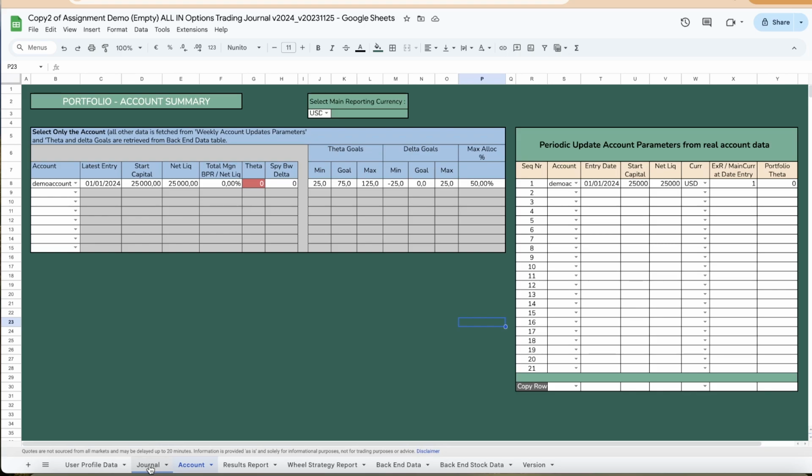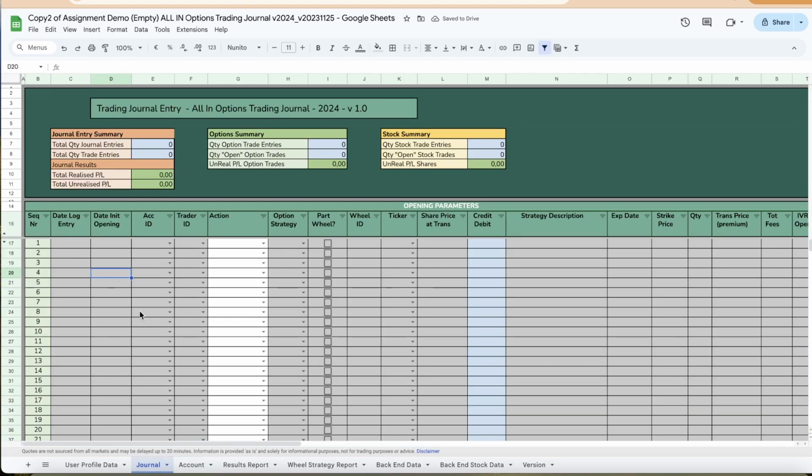So we'll go to the journal tab. I can start entering trades into the journal. Let's say that I will sell a cash secured put of Intel. So I will do a sell to open. I will select, of course, the relevant data for the trader account and also the trader ID.